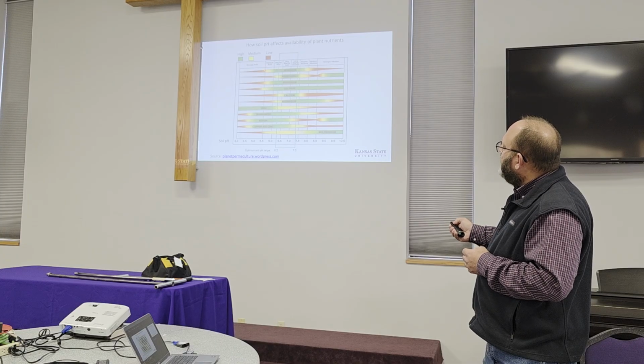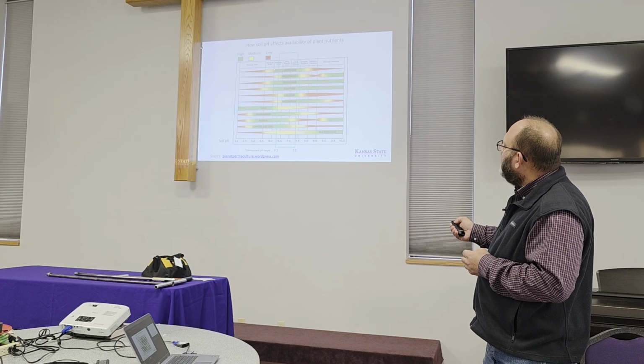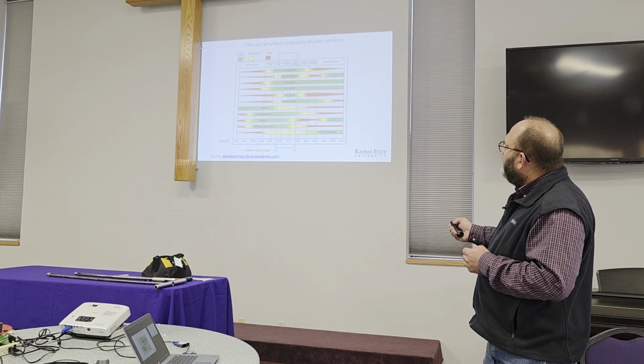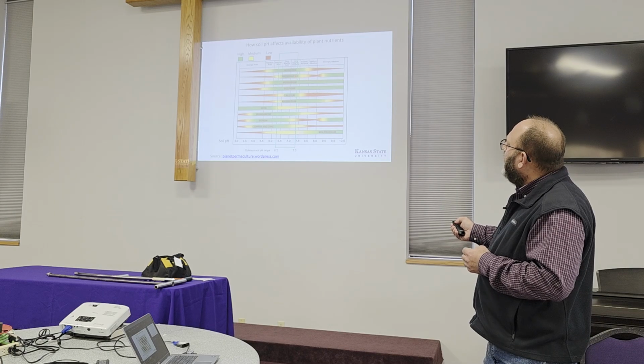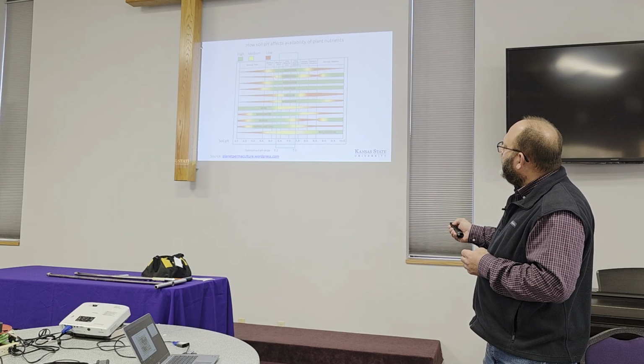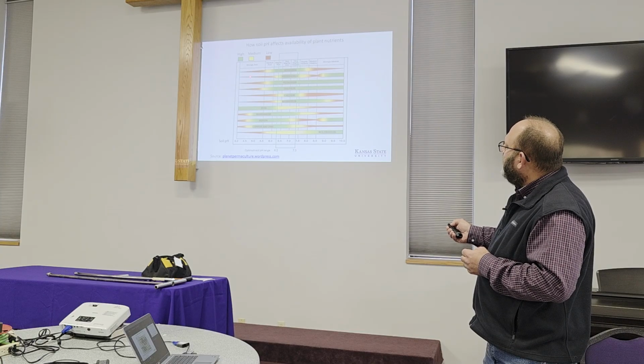And so nitrogen, we see that both strongly acid and strongly alkaline conditions result in low availability, and nitrogen availability is really optimized in that 6 to say 8 pH range. Phosphorus is a little bit tighter in that optimum range, really between 6.2 and 7.3. And we drop off pretty quickly in terms of availability as we go into acidic conditions.